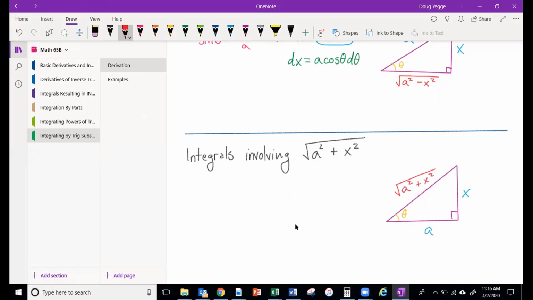The whole point of this is that missing side shows up when I use tangent. So if I say tangent of theta equals x over a, then that means x is equal to a tan theta.